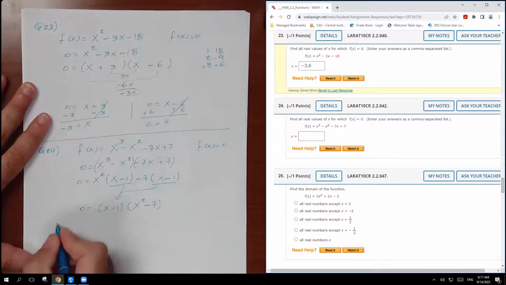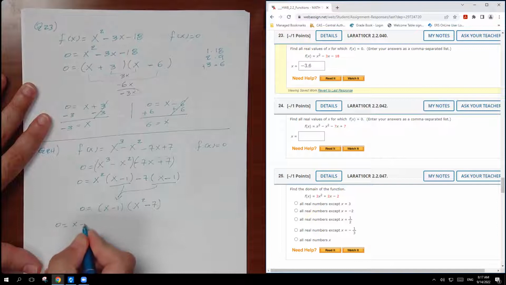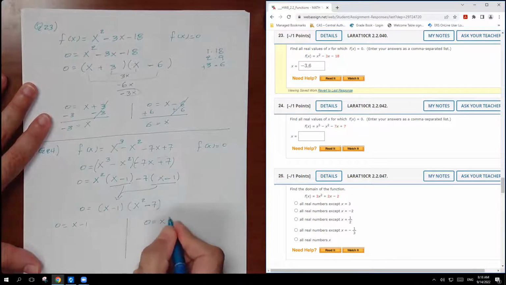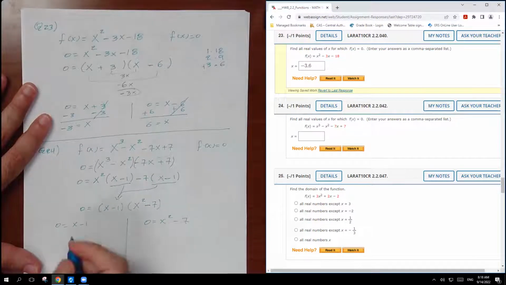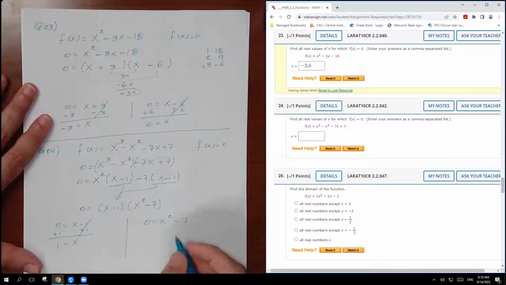That means we have 0 equal x minus 1, and 0 equal x squared minus 7. How are we going to solve this one? We're going to add 1 to both sides. Cancel here. So x is going to be equal to 1. How are we going to solve this one? We're going to add 7 to both sides. Cancel here. So x squared equal 7.